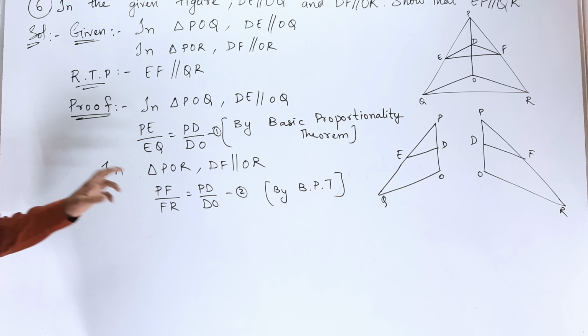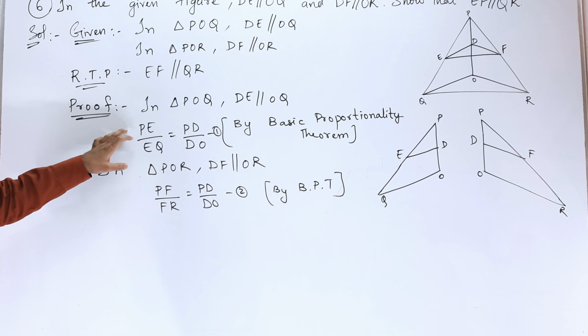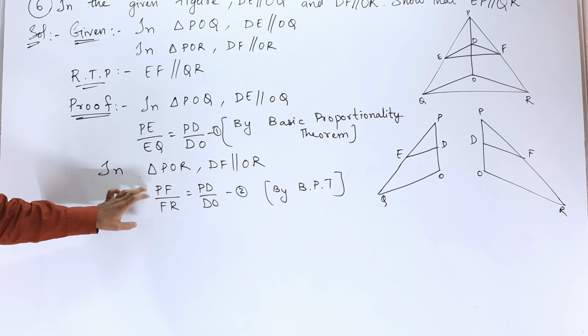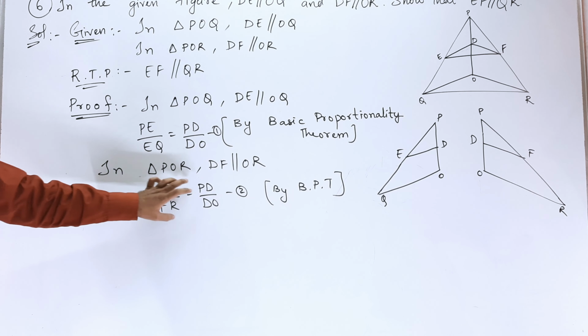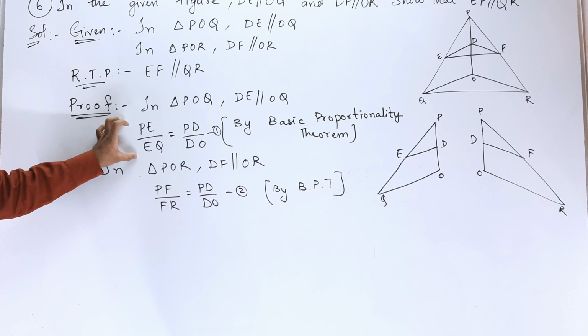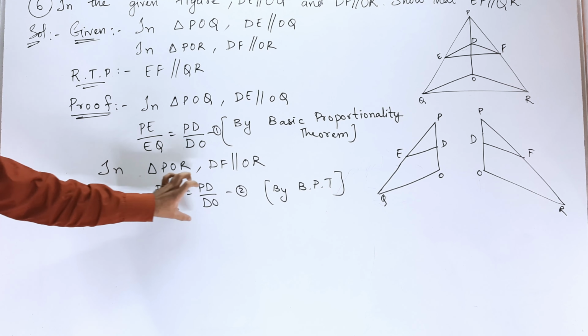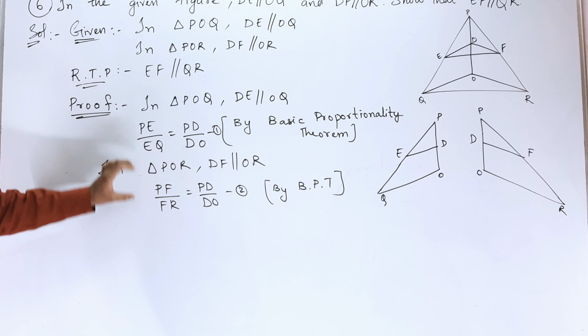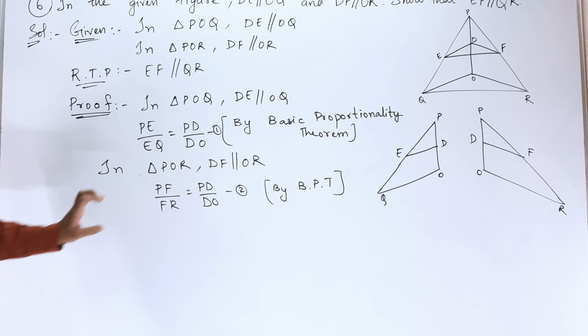Next, from 1 and 2 we can observe that the value of PE by EQ is PD by DO and the value of PF by FR is also PD by DO. That means these have the same value. So we can say that PE by EQ is equal to PF by FR.